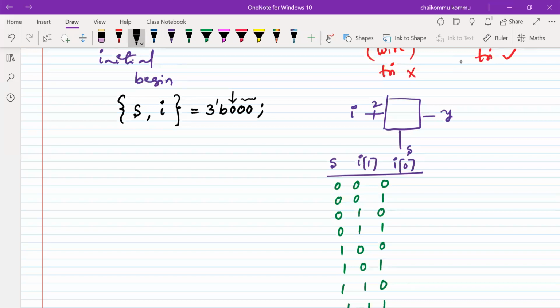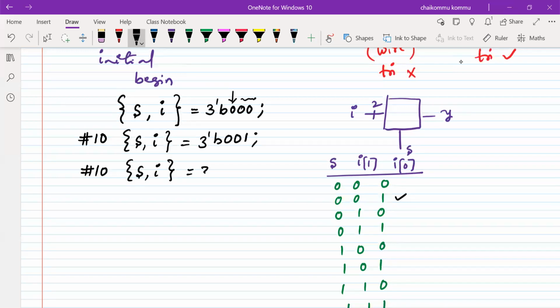The second data is done. For the third data, after another 10 nanoseconds, S comma I will be 3-bit 0, 1, 0. The third one is also completed.